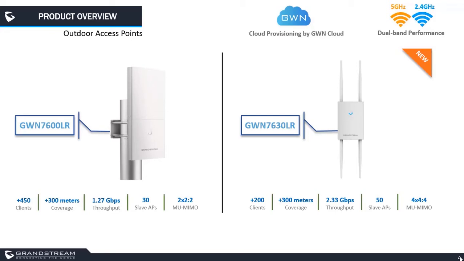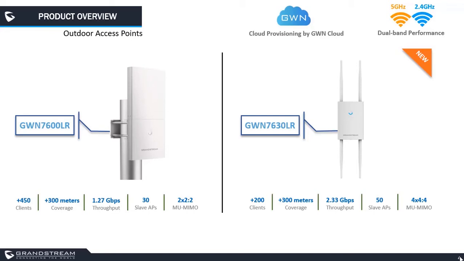And to ensure easy installation and management, the GWN7630 LR includes an embedded controller within the product's web user interface, and the same thing applies to GWN7600 LR. So all the Grandstream GWN7600 series are supported by GWN Cloud, which is the Grandstream free cloud Wi-Fi management platform.